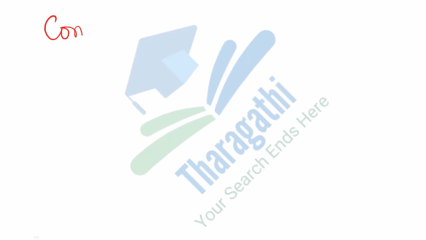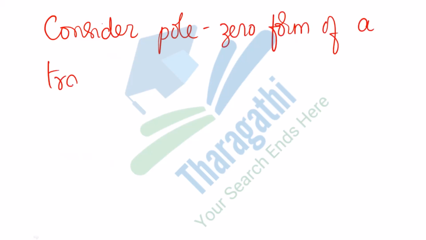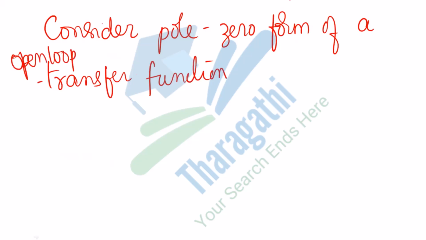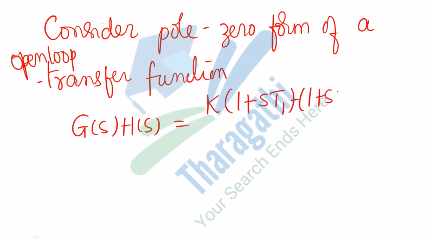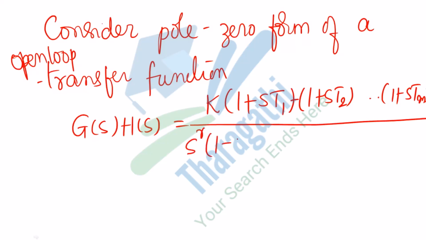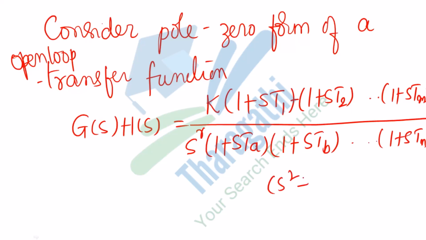Consider the pole-zero form of a transfer function. Here I am taking the open loop transfer function. So I can write G(s)H(s) equal to K into (1 plus sT1) into (1 plus sT2) and so on up to (1 plus sTm), divided by s to the power r into (1 plus sTa) into (1 plus sTb) and so on up to (1 plus sTn) into (s square plus 2 zeta omega n s plus omega n square).